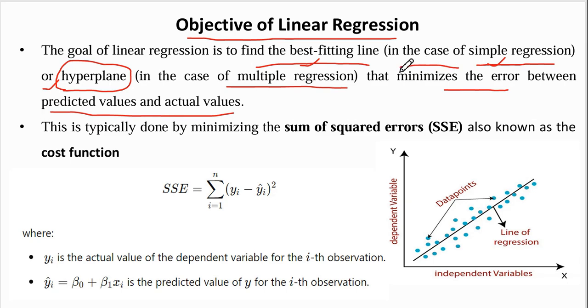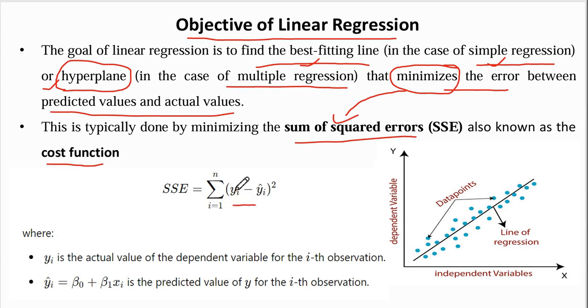How to minimize this error? The error we have to find using the formula called the sum of the squared errors. It is also called a cost function. As we know, what is the equation for error?